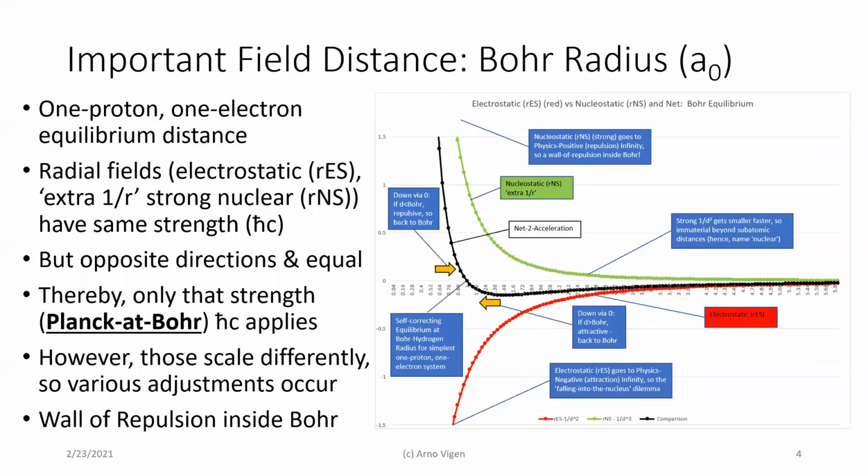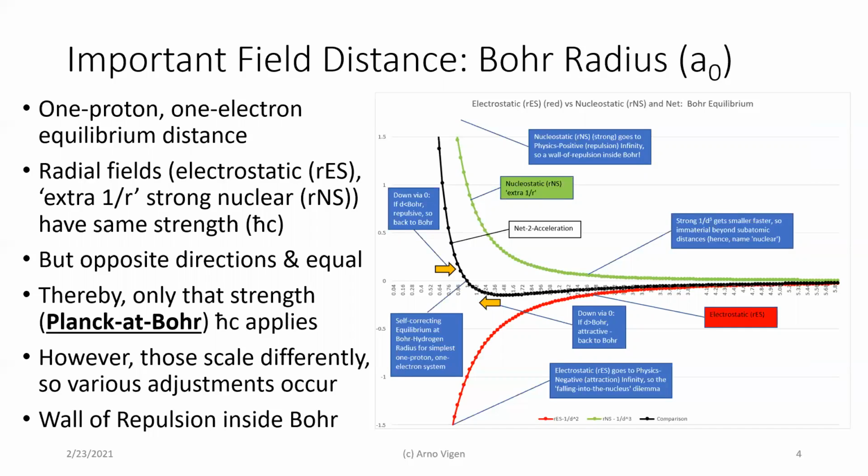once it gets inside the Bohr radius, the strange and amazing thing of the extra 1 over r is that as it decreases going out, it increases faster going inward. That means the green line is at every point inside Bohr stronger. It becomes a wall of repulsion based upon the number of protons in the nucleus.